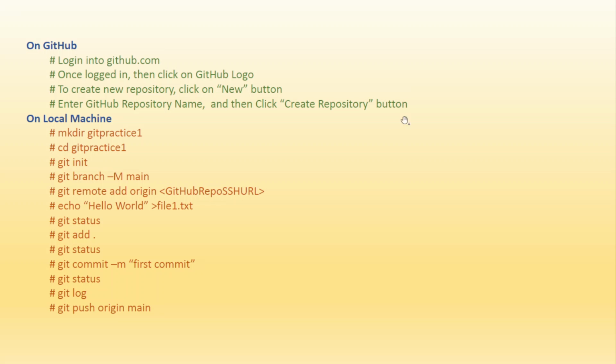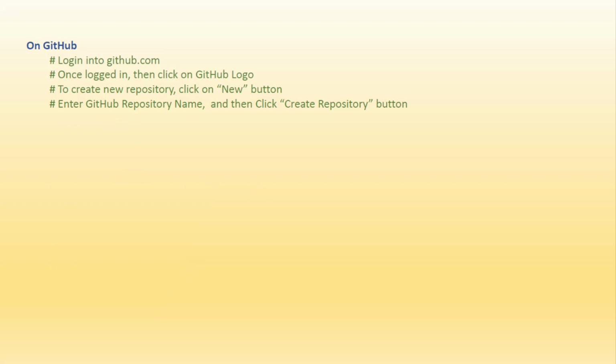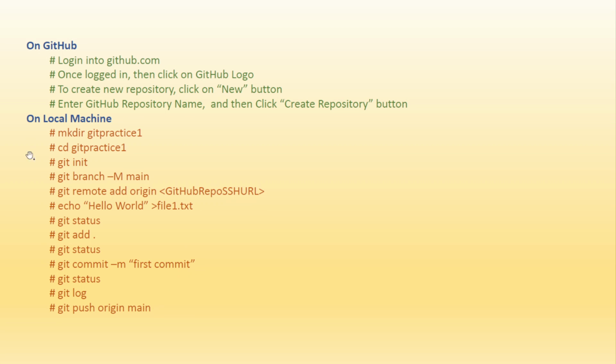And once you create your remote repository, on your local machine these are the steps that you require to run to create your first project. Most of these steps I already showed you when we were going through the command workflow. First, we will create a directory. We'll enter into that directory and run the git init command. It will initialize this directory as a git directory.